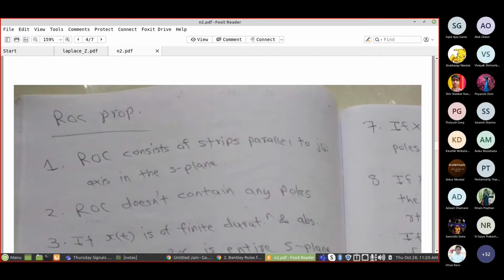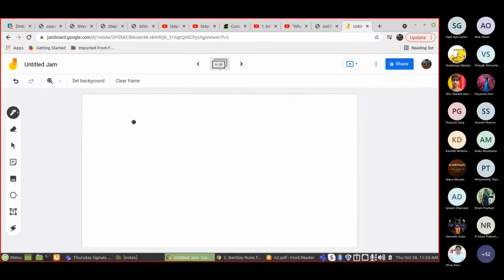So we want our Laplace transform integrals to converge. So X of s, which is the integral of x of t times e to the power minus st, is from minus infinity to plus infinity.